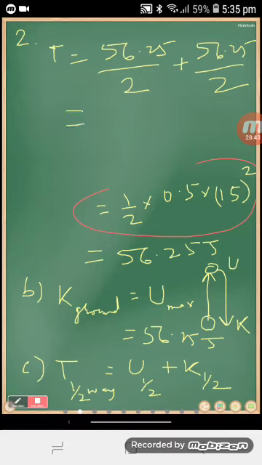So halfway it will have both energies, kinetic and potential. This is strictly saying halfway, that is why we are dividing by 2. And as a result, if you solve this, you get 56.25 joules.